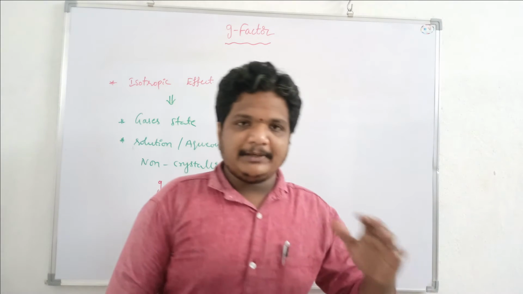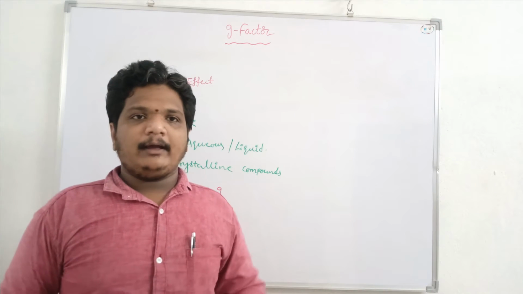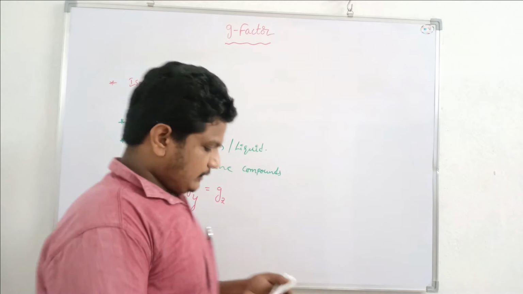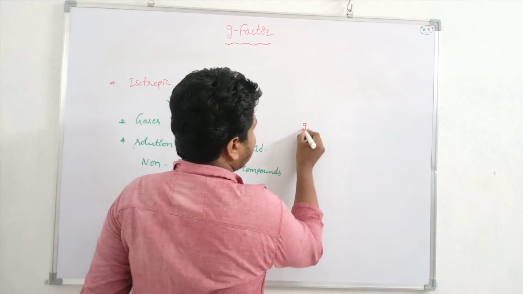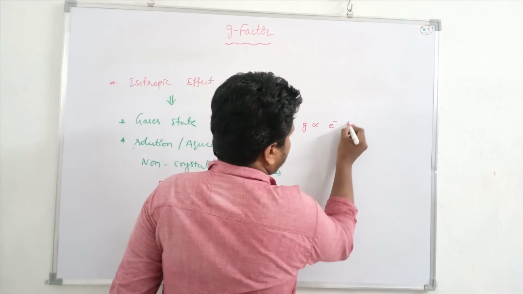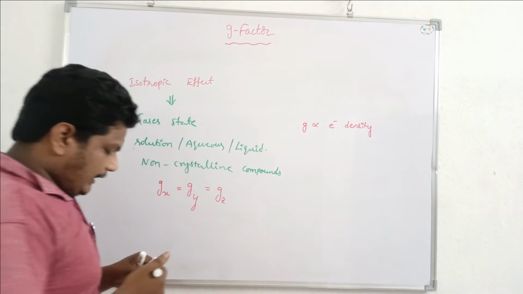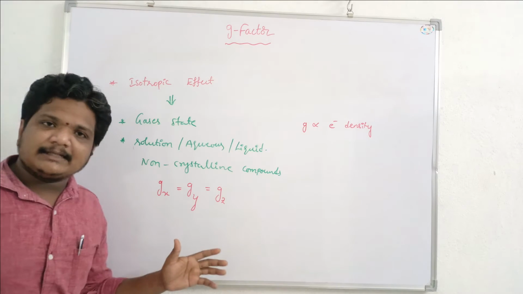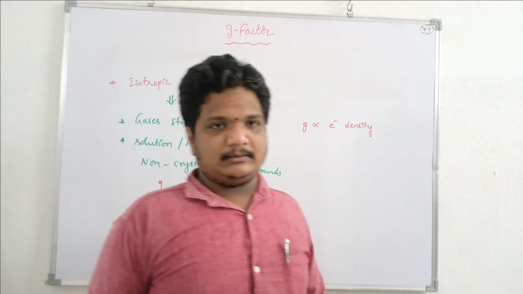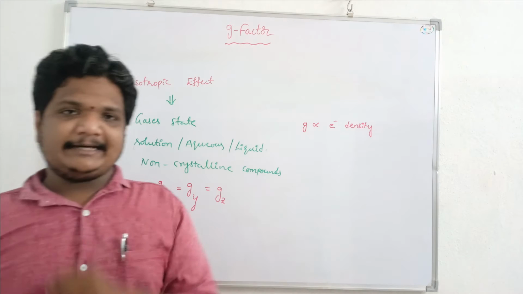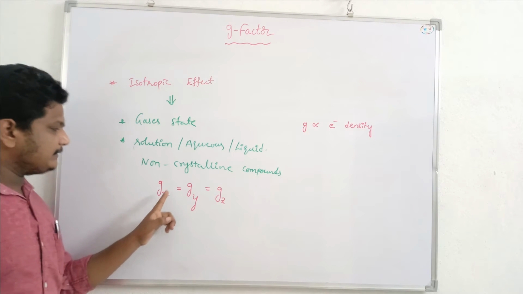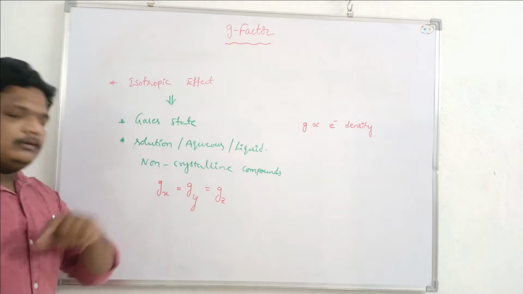The g value depends upon the electron density, g is directly proportional to the electron density. So we have equal electron density along all the axes, and that's why gx is equal to gy is equal to gz.